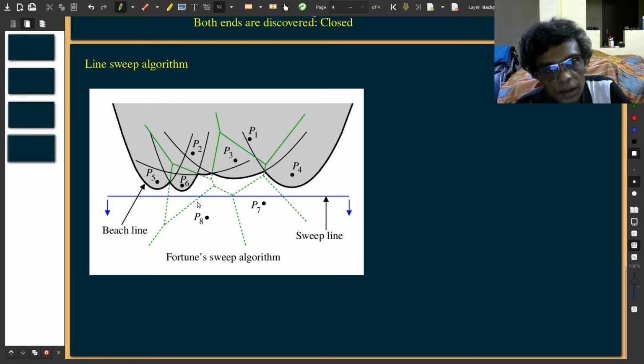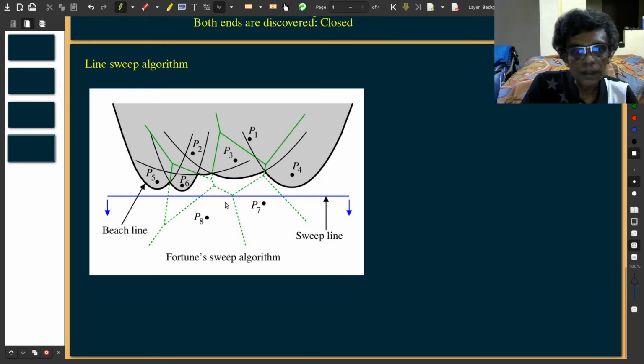But then, the sites that are below, P8 and P7, will definitely be discovered later. But the point is that they will affect whatever happens above the sweep line.